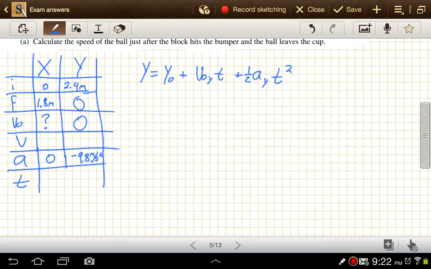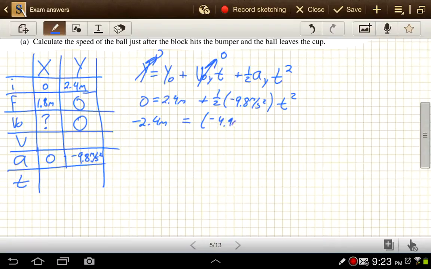And here our y is going to be 0, and our initial velocity in the y is going to be 0 as well. So we just have 0 is equal to 2.4 meters plus 1/2 times negative 9.8 meters per second squared times t squared. I'll move the 2.4 over to the other side by subtracting. I'll multiply the 1/2 and the negative 9.8, so negative 4.9 meters per second squared times t squared.